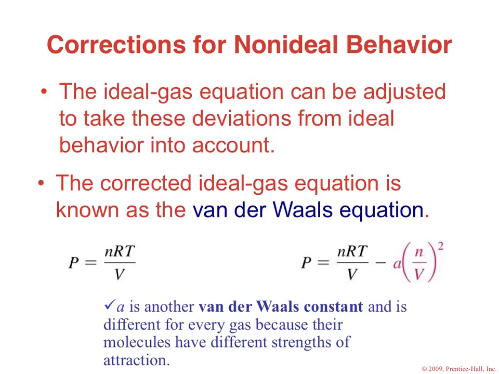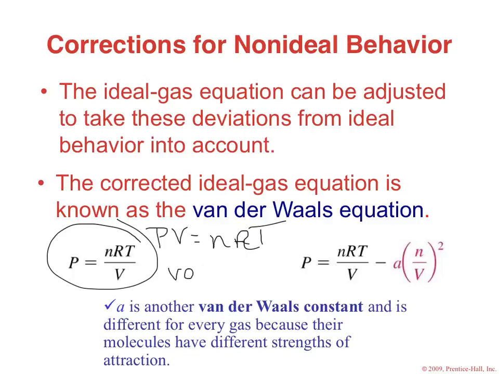So what do we do if we have a gas that's behaving non-ideally? Well, instead of being able to use the ideal gas law in its very simple form, this ideal gas law is based on the fact that the volume of the gas particles is zero. So we have to have a correction for the volume because under non-ideal conditions, the volume of the gas is not zero, it becomes larger.